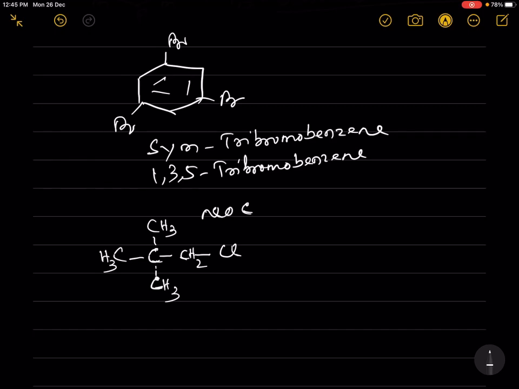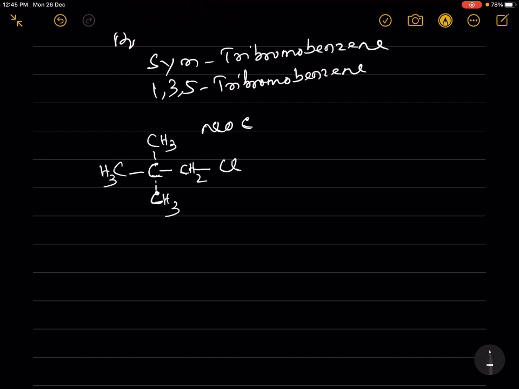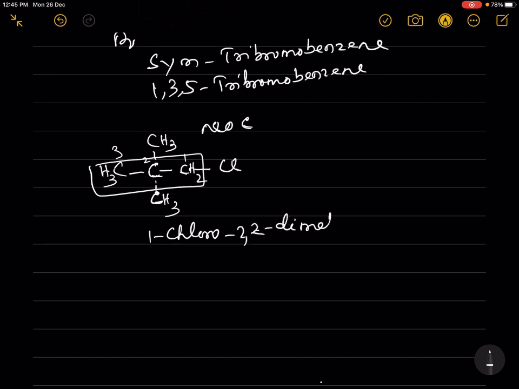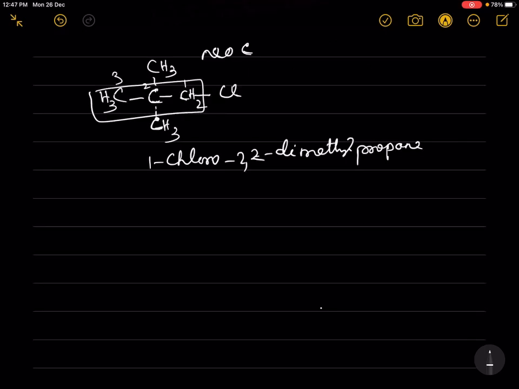And IUPAC name of this compound 1, 2, 3. This is the parent chain. 1-chloro, 2,2-dimethyl propane. 1-chloro, 2,2-dimethyl propane.